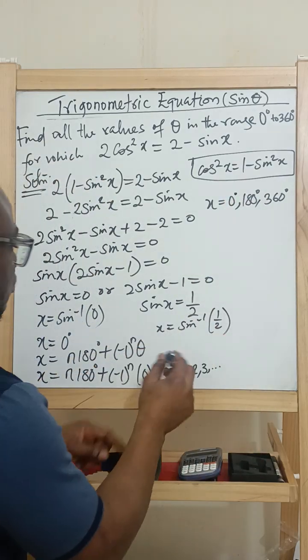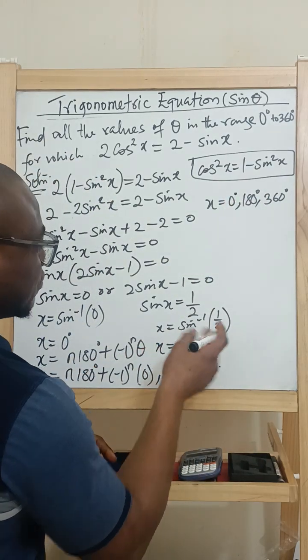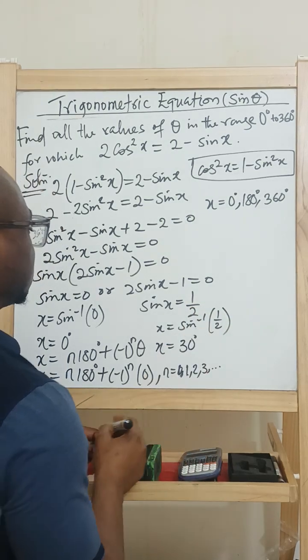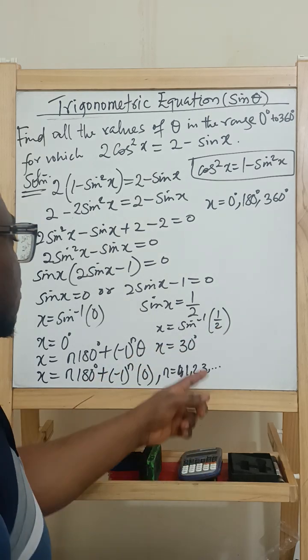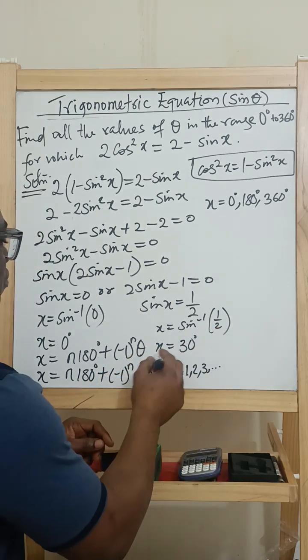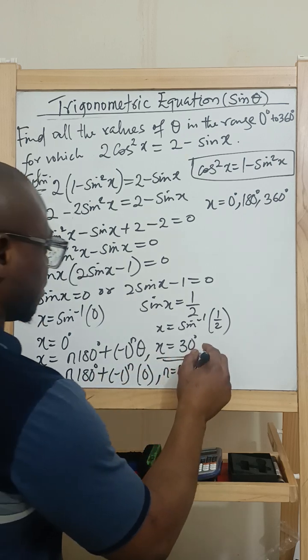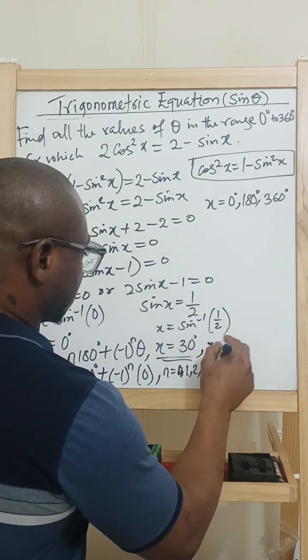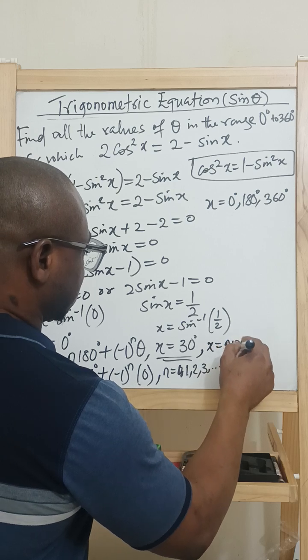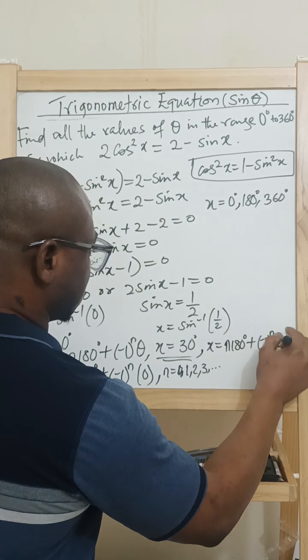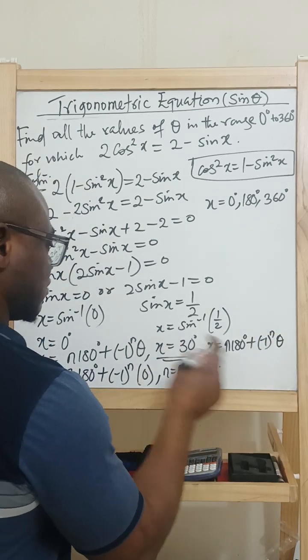Now for the other one, x is arc sine of 1 over 2. Sine 30 is a half, so arc sine of half is 30. With this value we now get the general expression, which is n 180 plus minus 1 raised to the power n times theta, where theta is this 30.